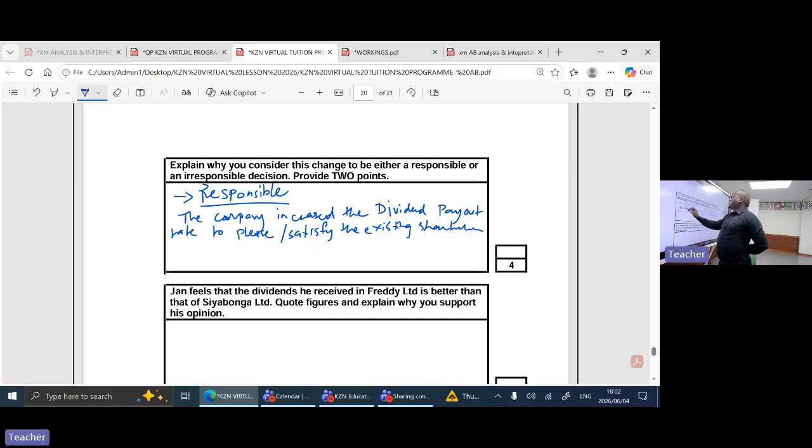That's the first point that you can mention. And then the second point that you can mention is that the business wants to attract new shareholders.